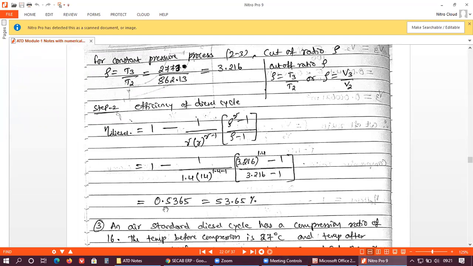Whether you got the same answer for this diesel cycle, 0.5365? Operate your calculators properly.